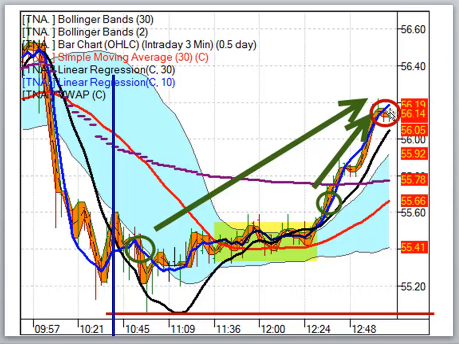If we get a regression line crossover here, in 3, 6, or 9 minutes, if this were to fail here, the blue line would roll over pretty quickly and cross the black line. So I would expect a regression line crossover around 56.05, and then I'd be looking for a target of back to the Bollinger Band mean, which is about 40 cents. That doesn't quite test out on 2 to 1, so I couldn't really take that.